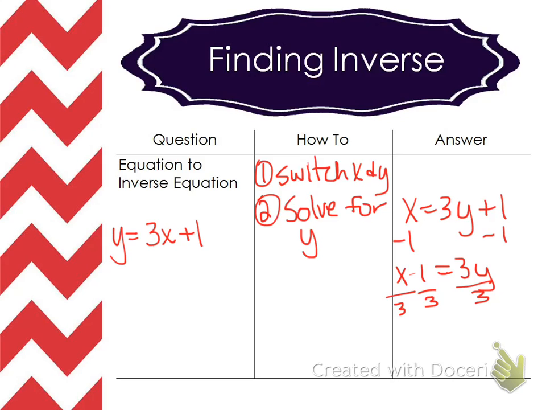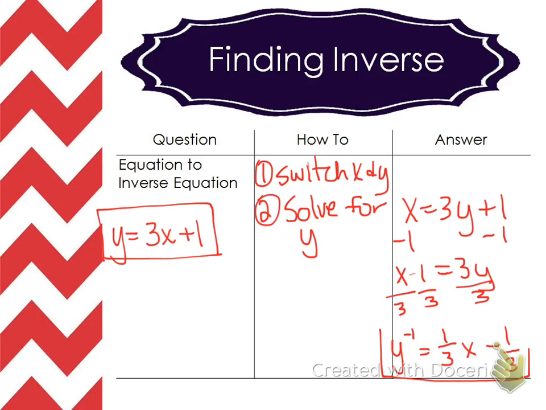So my answer is y to the -1, because that means inverse, equals 1/3 x minus 1/3. So my original equation was y equals 3x plus 1, and the inverse is y to the -1 equals 1/3 x minus 1/3.